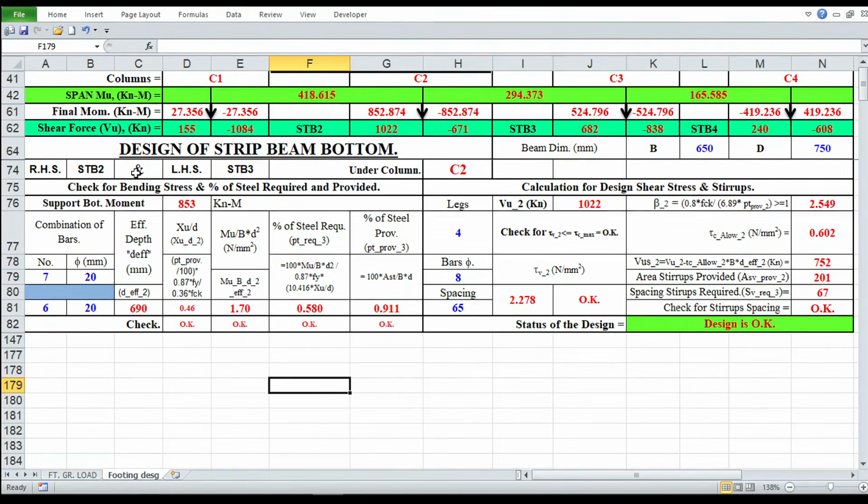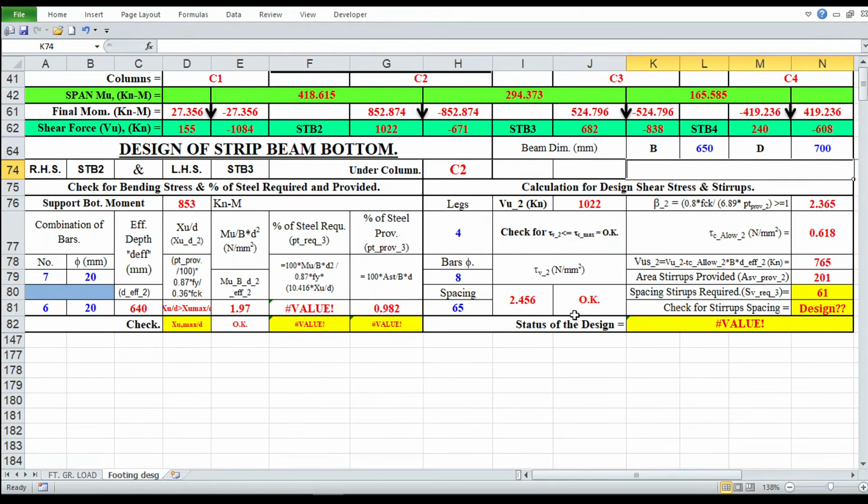This is the calculation for STB2. Right hand side of the STB2 and left hand side of the STB3. This is our right hand portion of the STB2, and this is our left hand side of the STB3. The maximum moment 853 kilonewton meter. Maximum shear force 122 kilonewton. Say we are changing the depth to 700 mm.